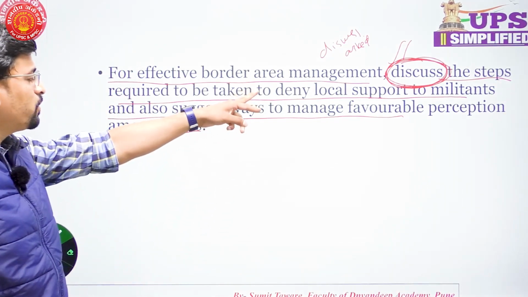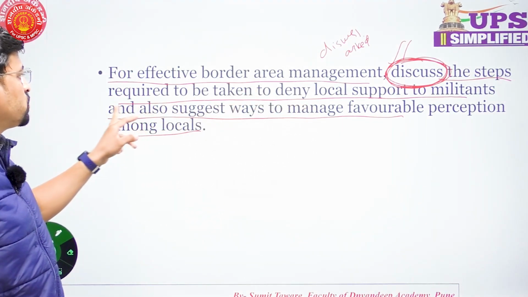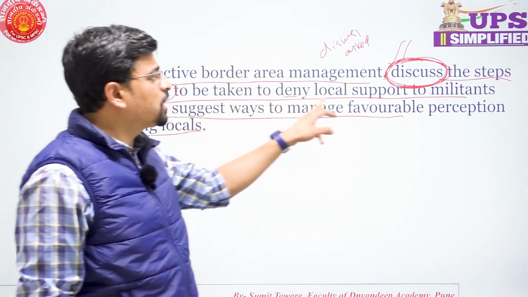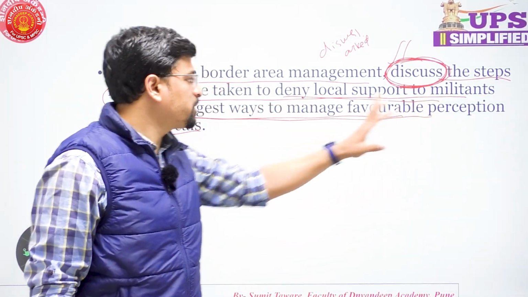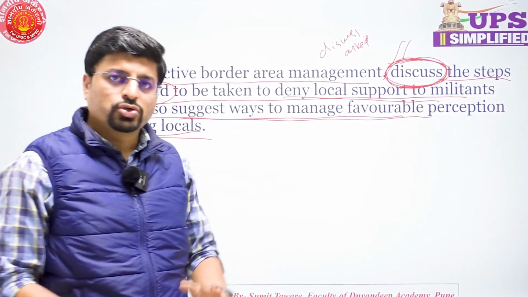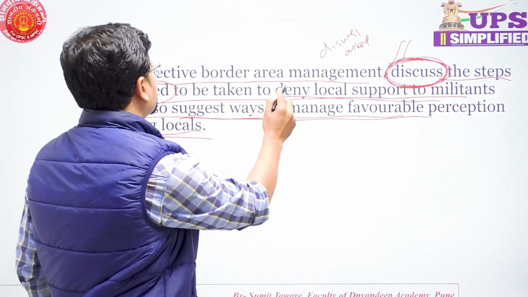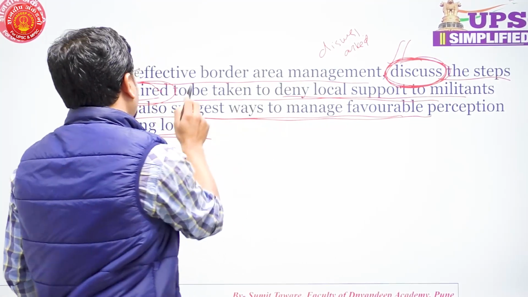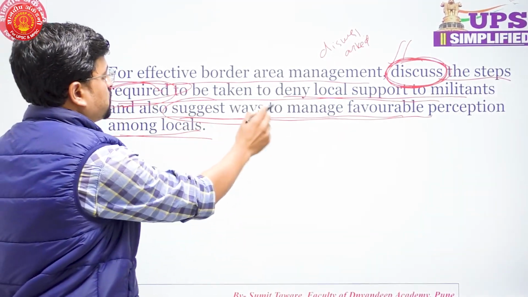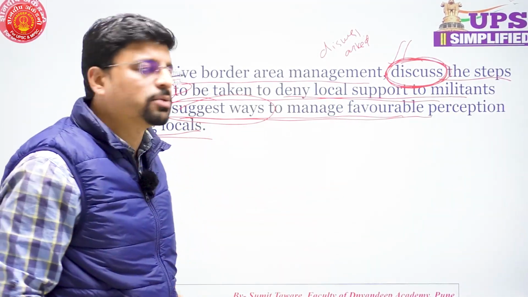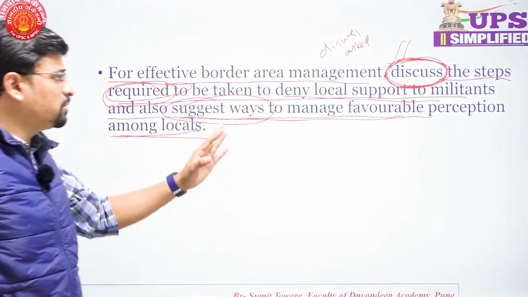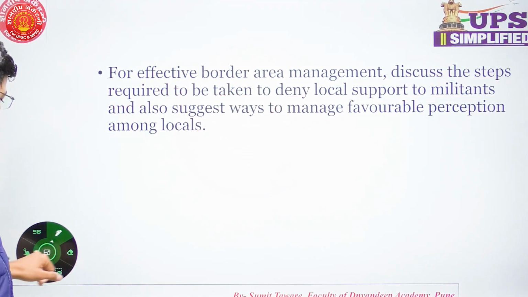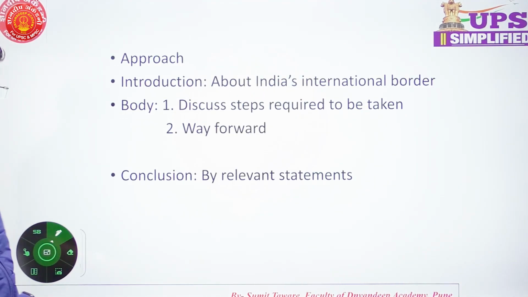Here they have directly asked what steps need to be taken to deny local support to militants and to suggest ways to manage favorable perception among locals. So the first part of this question is steps required, and the second is suggest ways. It's a straightforward 10 marker question. We don't have any complexity in this question, so we will see how to approach it.